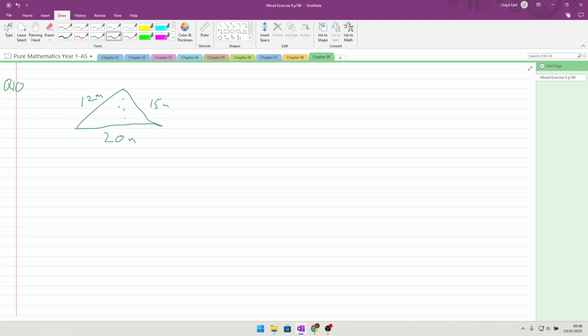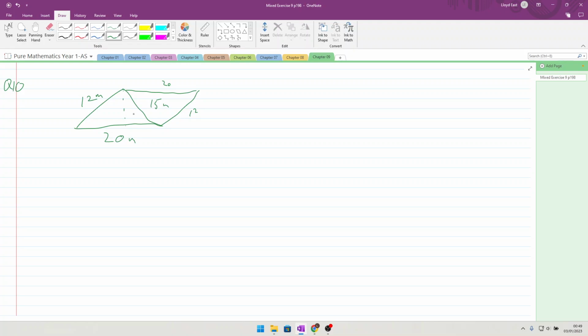And yes, you do. Or you can use something else called Heron's formula. Now the other thing we can do is we can make parallelograms. I don't know if it's going to help us on this one, because if I was to do another side here of 20, and this side here then is 12, and then have two of these, which is useful.